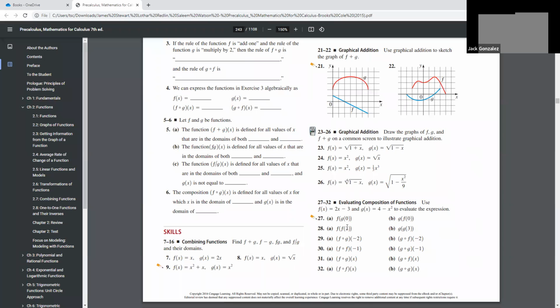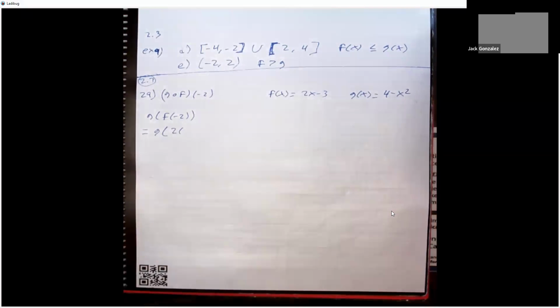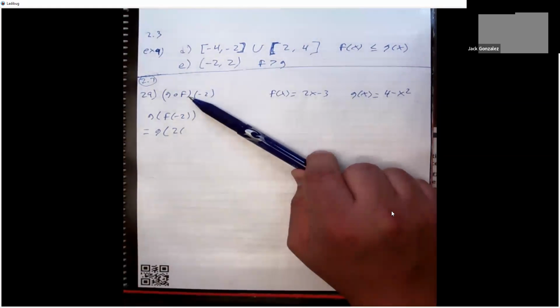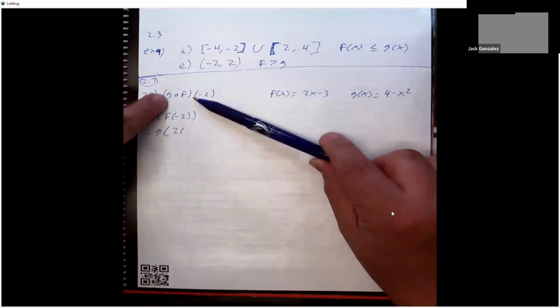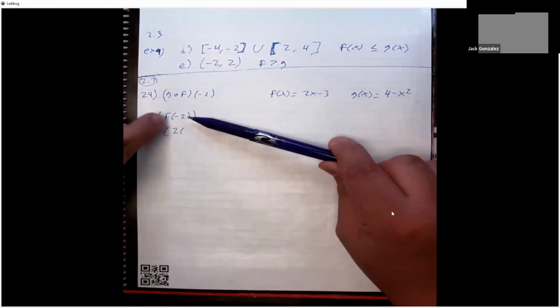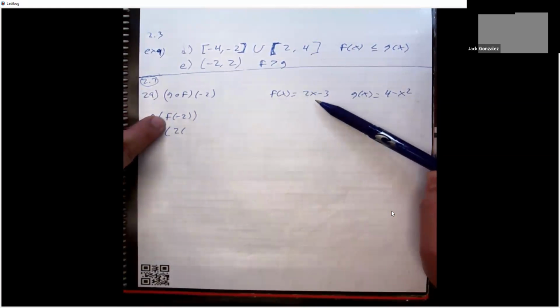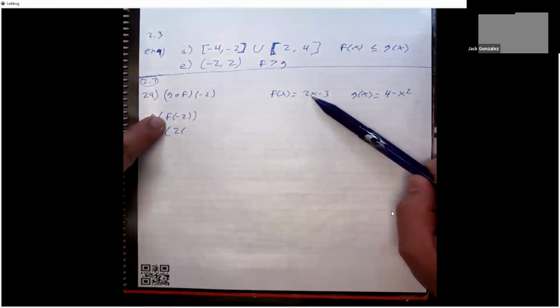You can do it in pieces or you can find the general one, however you want to do it. Doesn't matter to me. Oh, yeah. Sorry. I'm going to switch and I forgot. My bad. All right, so F and G, we're looking for this. So F of -2 means you plug it into here, right?